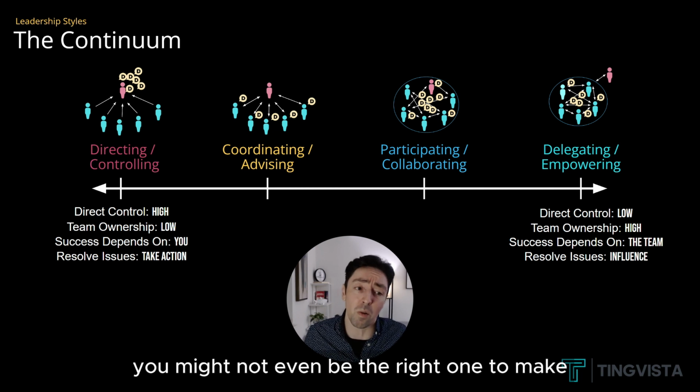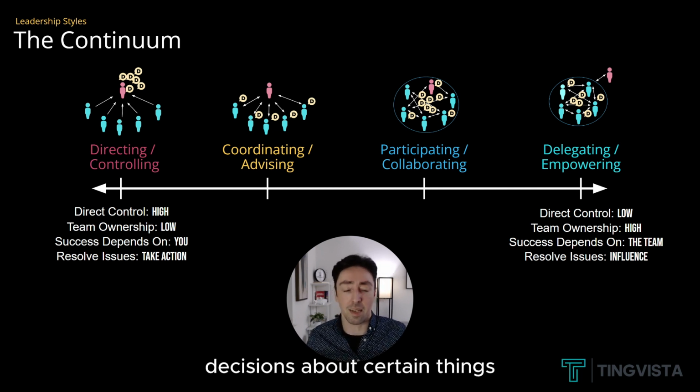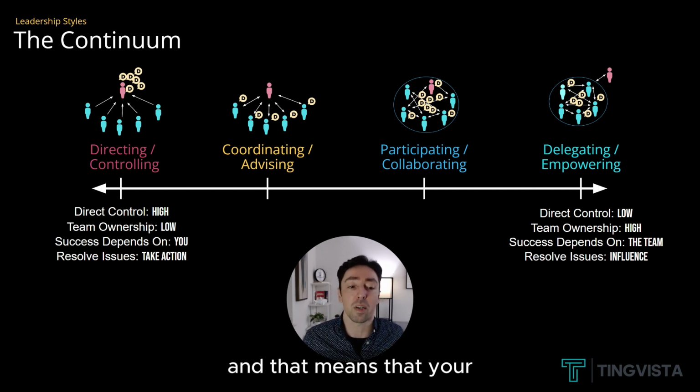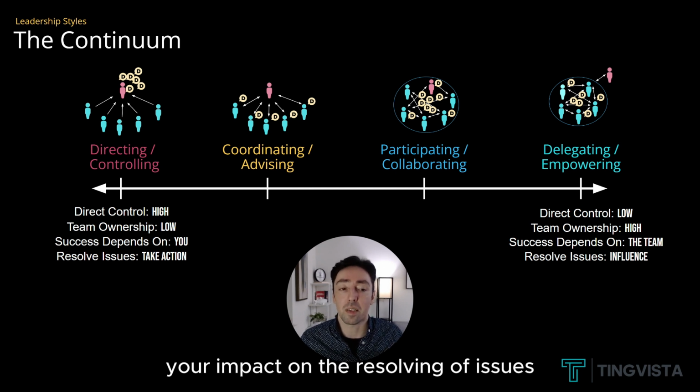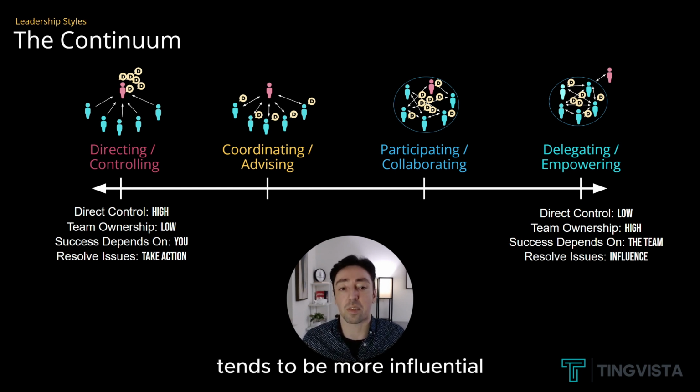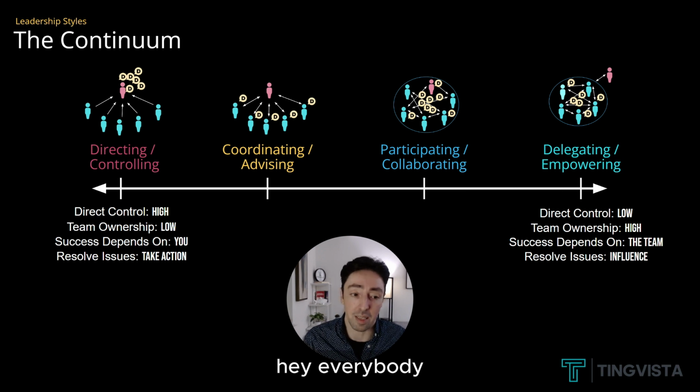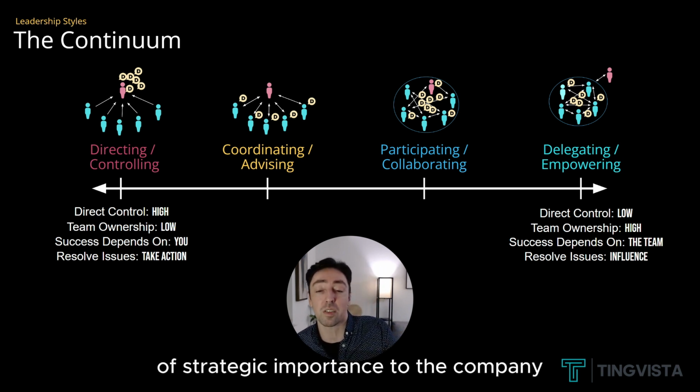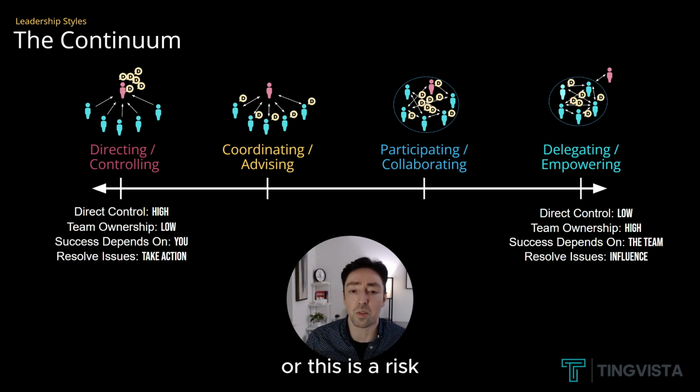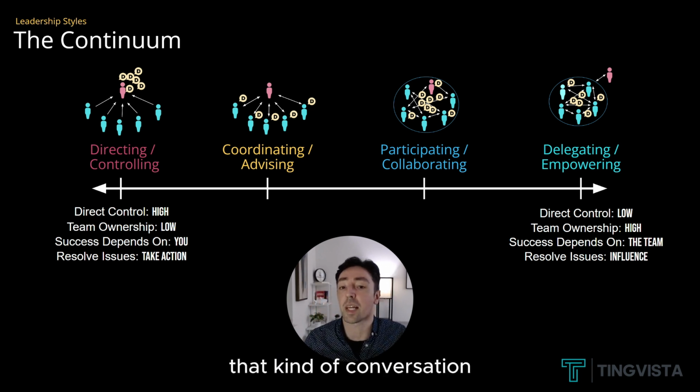You might not even be the right one to make decisions about certain things. And that means that your impact on the resolving of issues tends to be more influential. Hey, everybody, this is really important. This matters to us. This is of strategic importance to the company, or this is a risk. Don't neglect this, that kind of conversation.